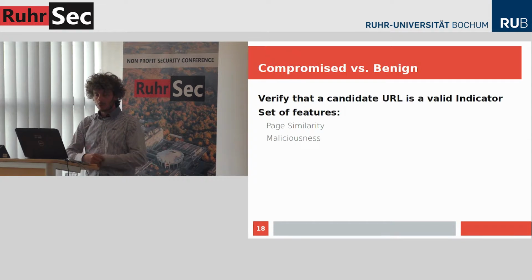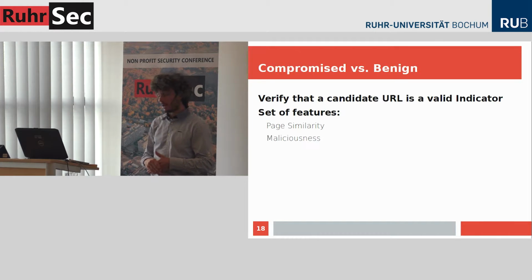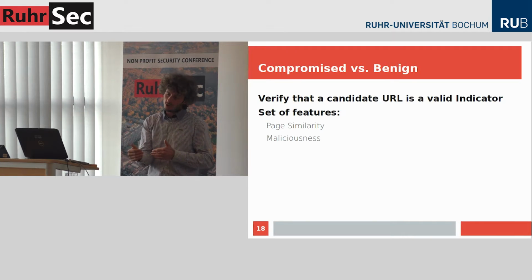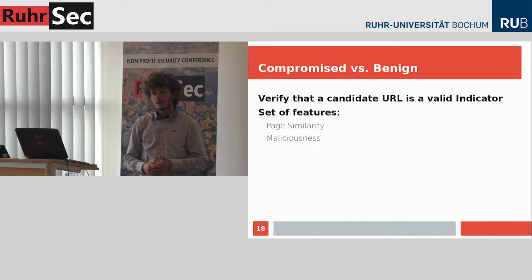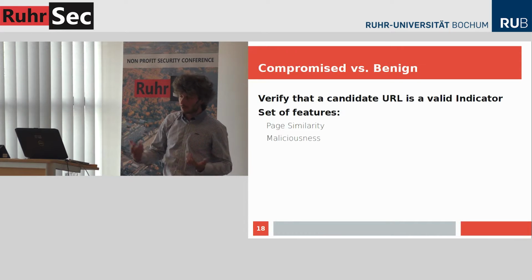The second feature we use is maliciousness. As I said, most of these indicators of compromise are normally benign, but they're often included in pages which are malicious. So if out of these 100 web pages including our indicator, some of them are malicious, then most likely all the others are malicious too and the indicator of compromise is valid.